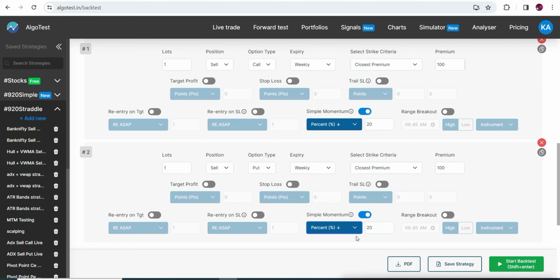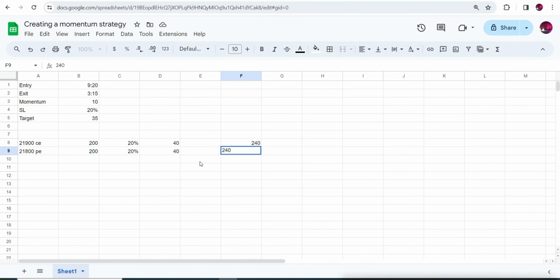Now let me explain it with a simple example. We have selected 200, and 20% downside means 40 points, so 40 points downside means 160. Now it will mark the price 160. Whenever the market comes to 160, it will take entry.